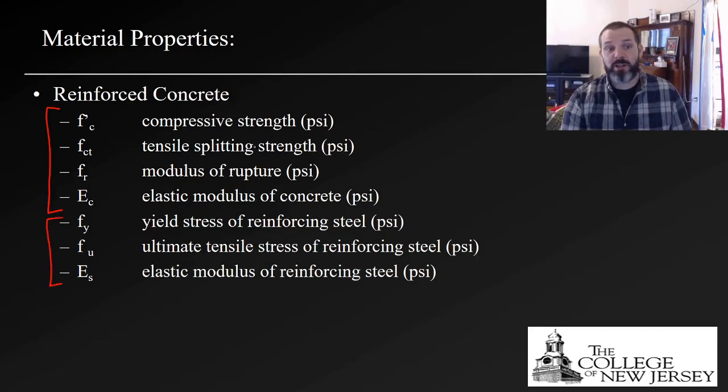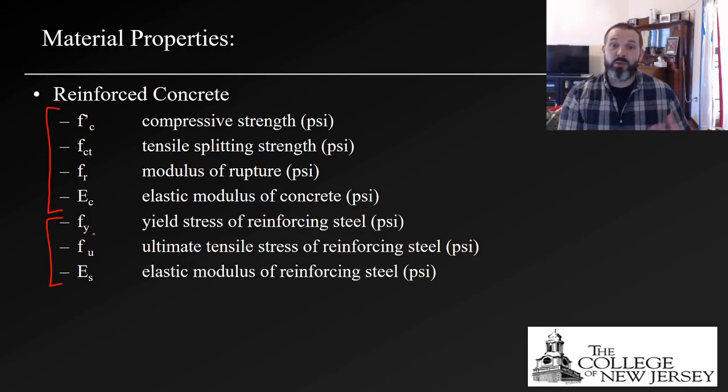When we look at concrete, we look at F prime C, which is the design compression strength, FCT, which is the tensile splitting strength, FR, the modulus of rupture, and E sub C, which is, big E is always elastic modulus, sub C is the elastic modulus of concrete.